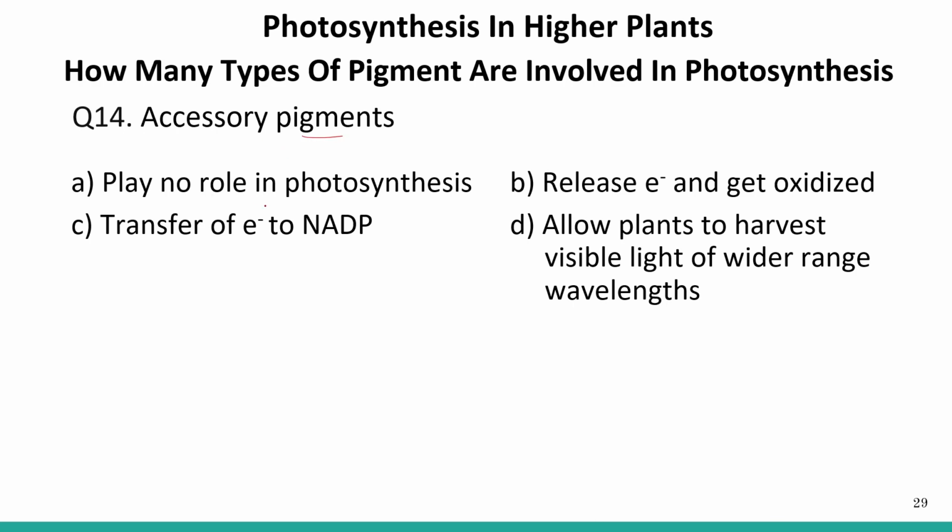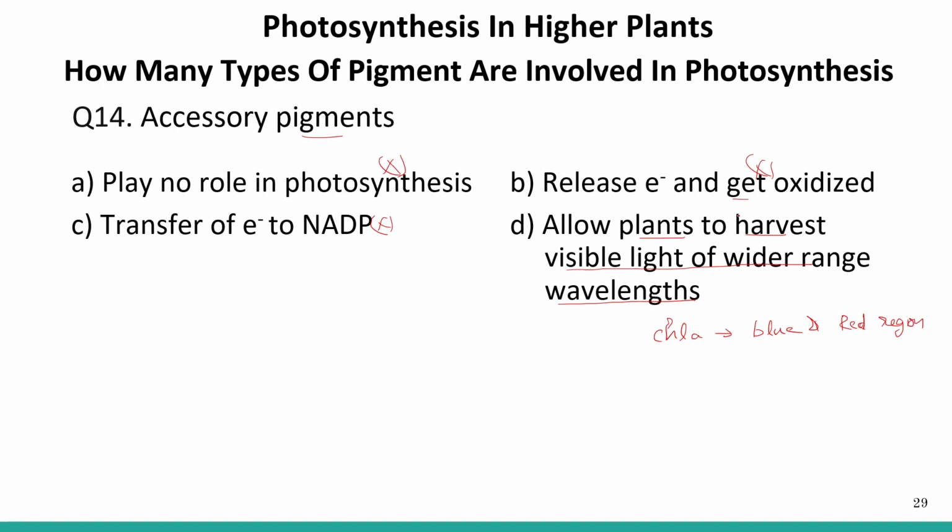Now the next question is again related to accessory pigments. Accessory pigments play no role in photosynthesis. Not correct. Release electrons and get oxidized. Not correct. Transfer of electron to ADP. Not correct. And then, allow plants to harvest visible light of wider range of wavelengths. Chlorophyll a, which forms the reaction center, usually absorbs light in the blue and the red region, with maximum absorption there.